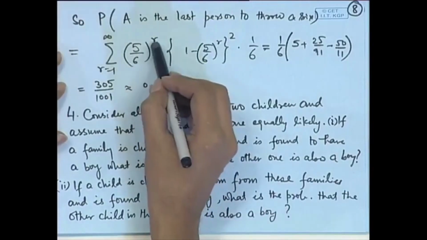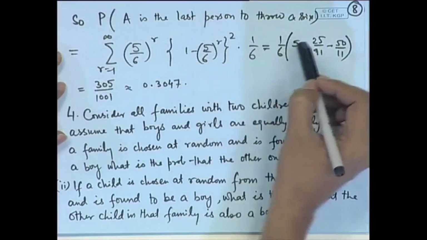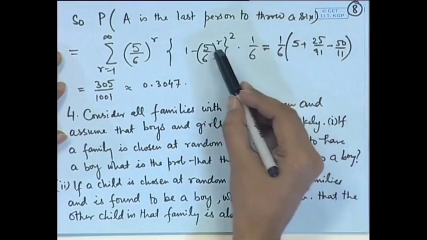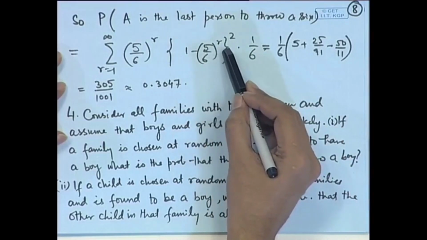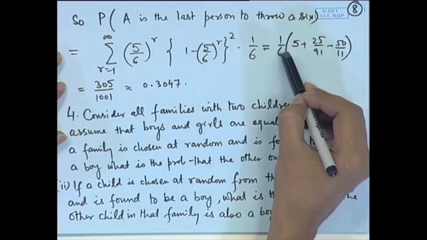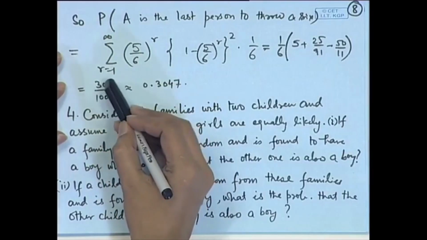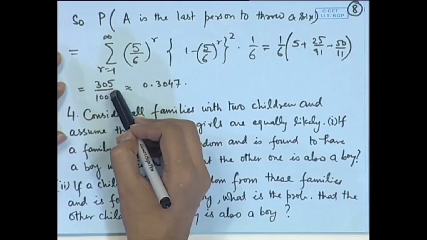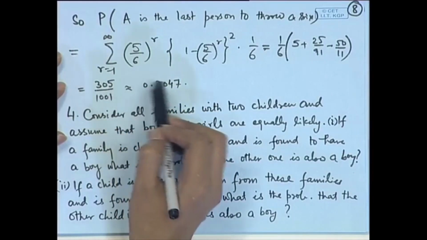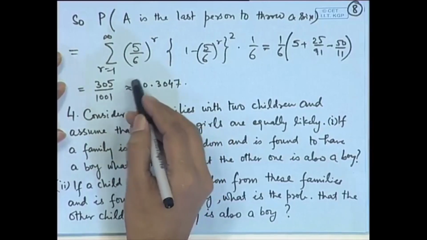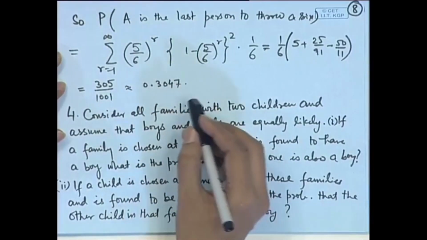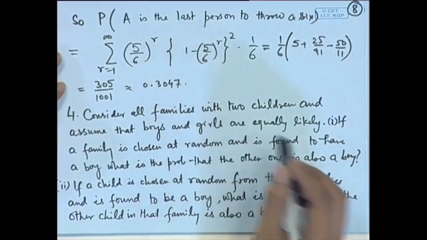So, that is 5 by 6 to the power r into 1 by 6. So, here we will get 3 infinite geometric sums, and if we add after simplification, it turns out to be 305 by 1001. Once again you can see that this is less than the probability that A is the first to throw a 6.